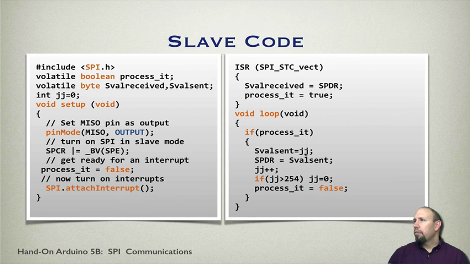And so I'm going to put that value into value sent, and I'm going to put that into SPDR. That's the data that's going to be transmitted. Then I'm going to increment JJ. And if JJ is greater than 254, I'm going to reset JJ. And then I'm going to reset process it.